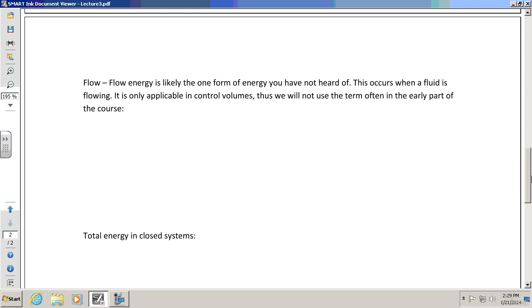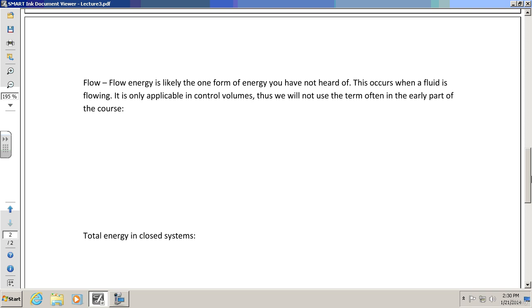And this third term, I was hesitant a little bit to talk about the third term because, one, you've never heard of it. Two, we're not going to deal with this term directly for a while, because this term applies to control volumes. And remember what I said last week about control volumes. Control volumes is when you have flow in and out of a system.